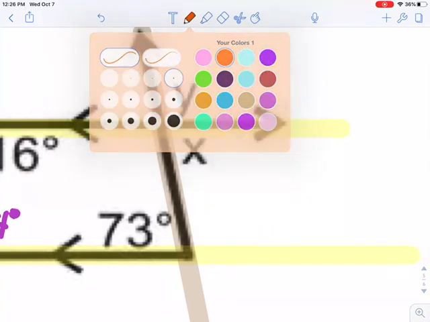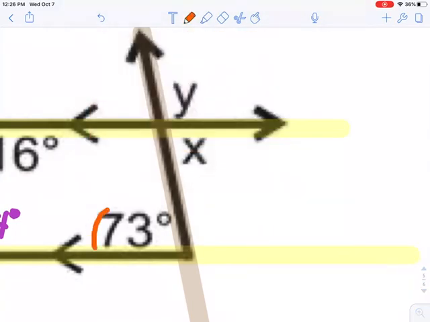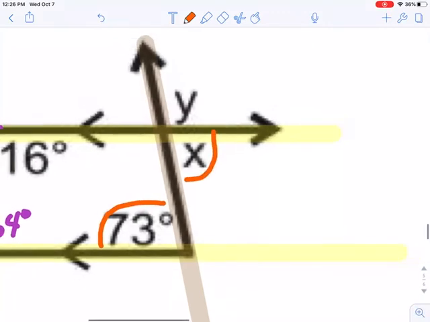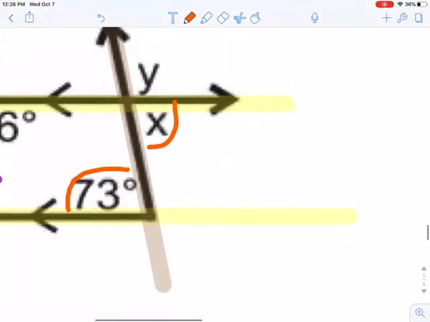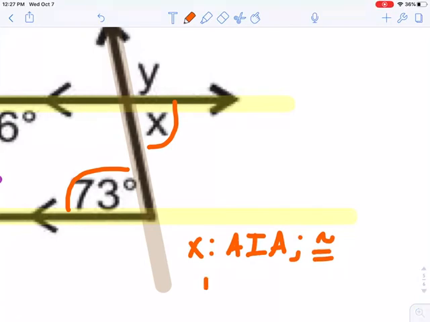We can say, well, X and 73. So in terms of just talking about X, we have a pair of alternate interior angles. And what's so great about alternate interior angles? They're congruent. So that means that the measure of angle X should be 73 degrees.